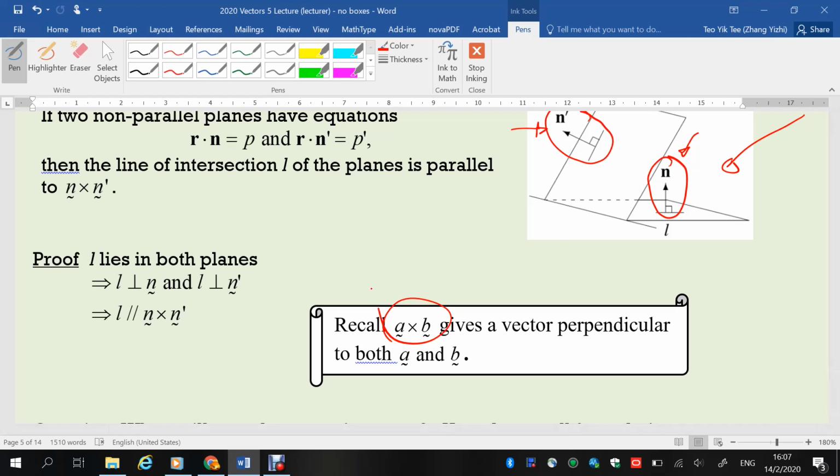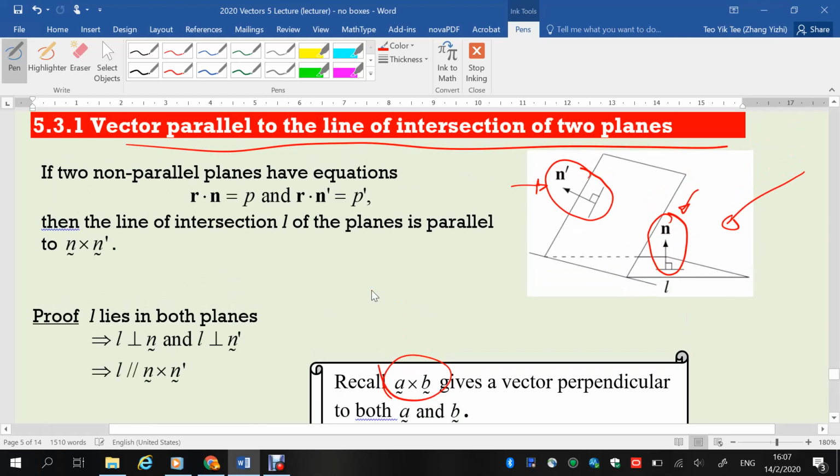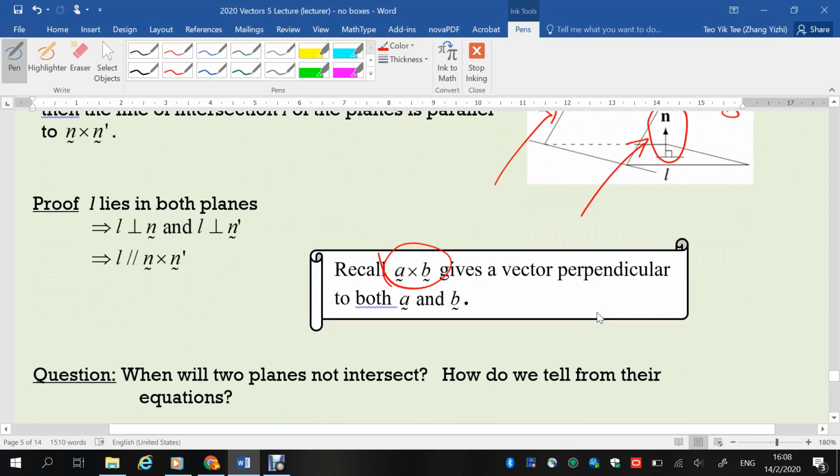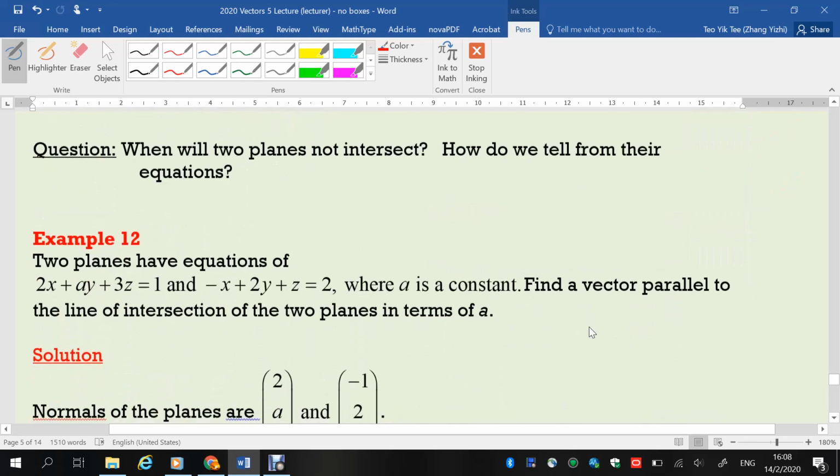So if I do a cross product of the two normal vectors, I'll be able to get a vector that is parallel to line L. And that is the theory behind this.